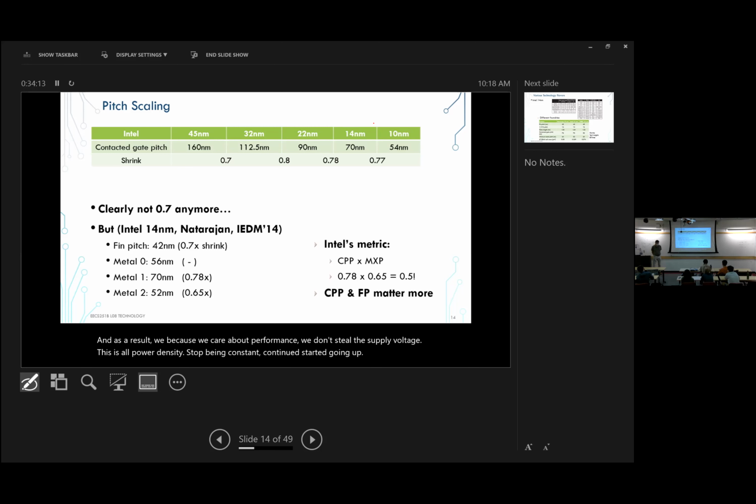Power density at the moment, compared to where we are supposed to be, is at least 10 times larger than it was supposed to be. We jumped up about 10x. What does that mean? And how is that possible? 10 times is a lot.